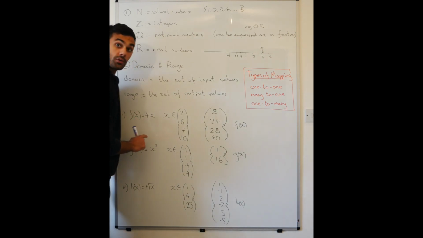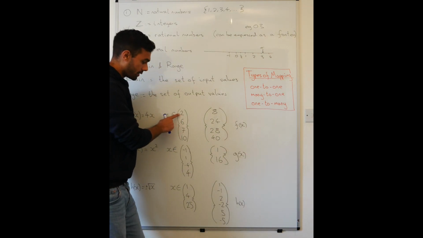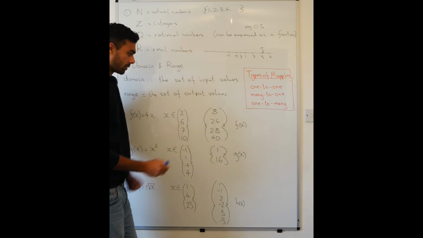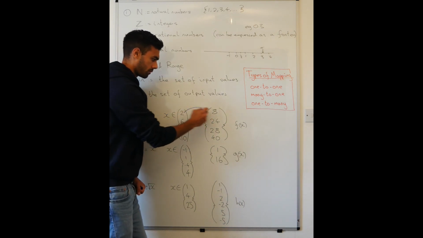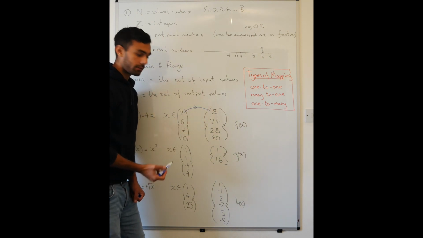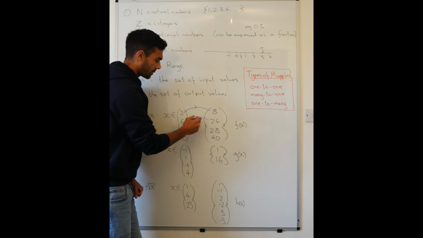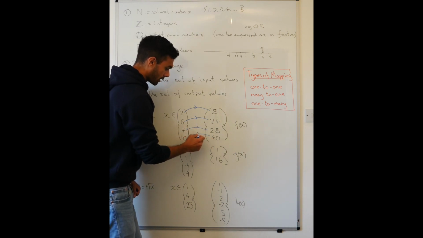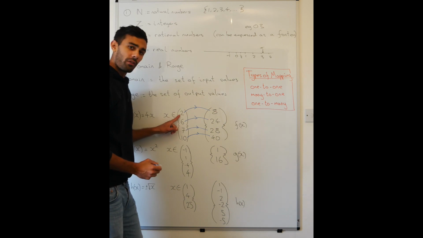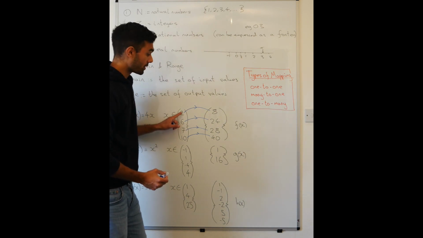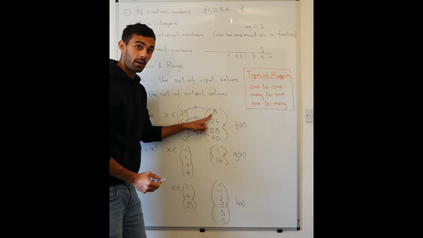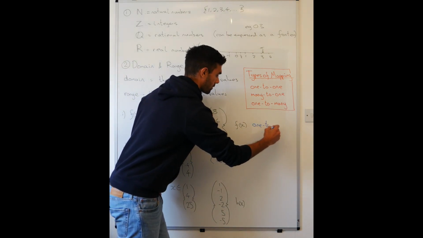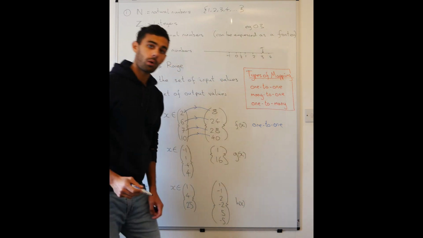To do that, we need to have a look at how many numbers each of these in the domain map to. Well, 2 maps to 8, 6 maps to 24, 7 to 28, 10 to 40. So 1 number in a domain maps to only 1 number in the range. This is a one-to-one function.